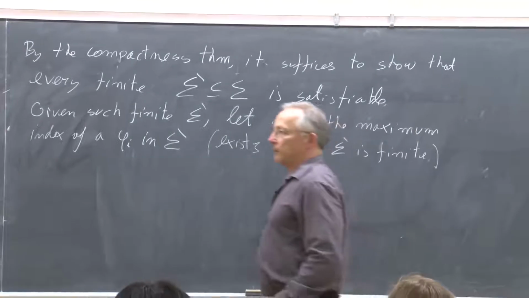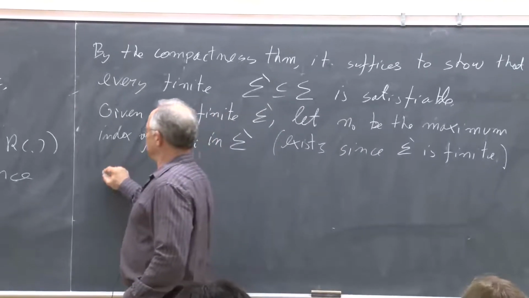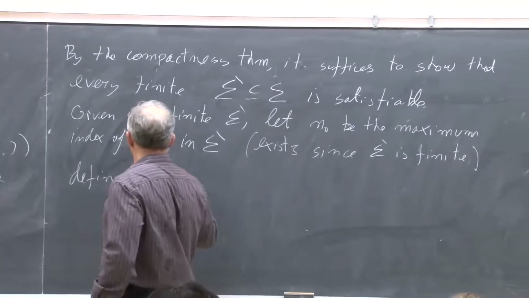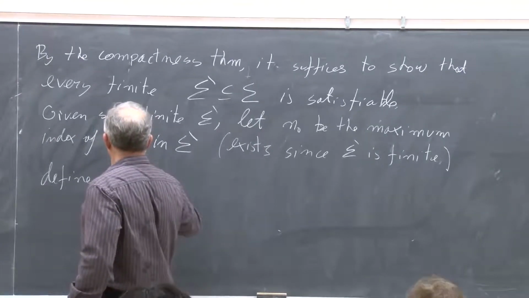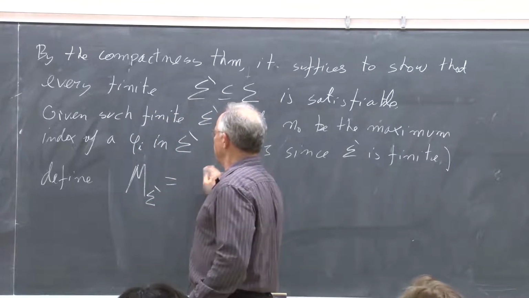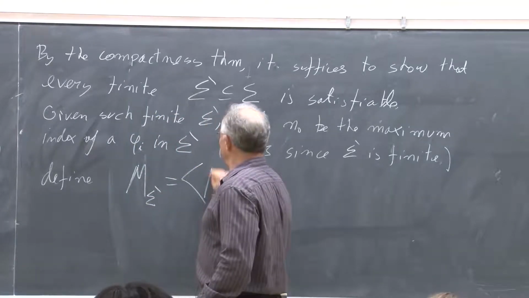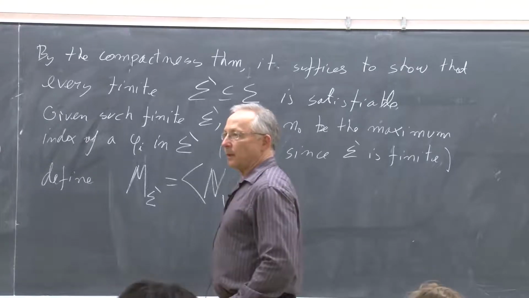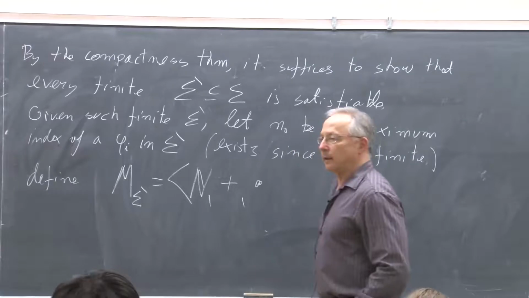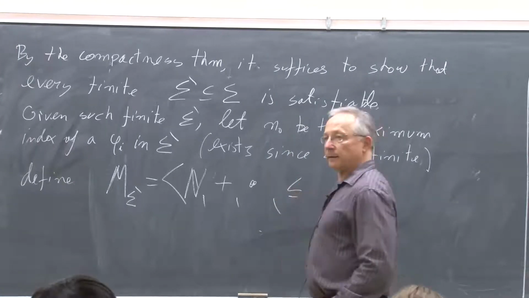So now let's define M of sigma prime, a structure satisfying sigma prime, as follows. My universe is going to be the natural numbers. F is going to be plus. G is going to be times. R is going to be less than.